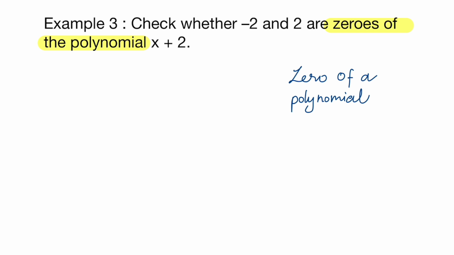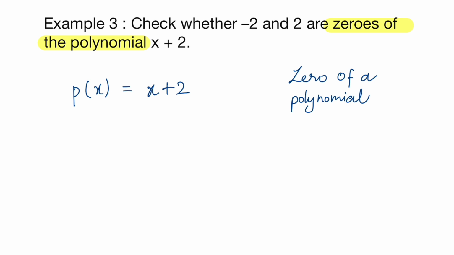If that is substituted, you would be getting 0 as the entire value of the equation. So what do I mean by that? Let us just say we have the equation here as p of x is equal to x plus 2. This is a polynomial and its p of x is equal to x plus 2.